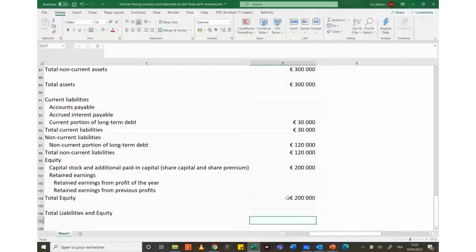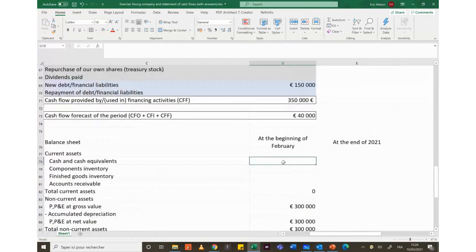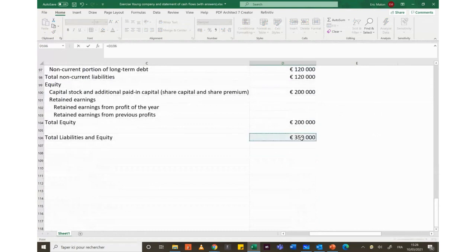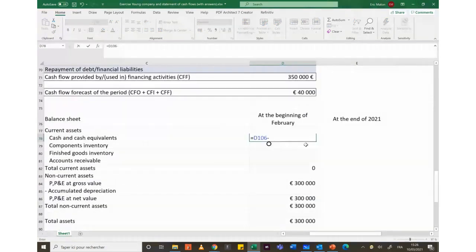In the equity plus liabilities, I have 350,000. And now I can calculate the cash. The cash is equal to the 350,000 minus what is included in the non-current assets, minus the components inventory, minus the finished inventory, minus the accounts receivable. So it's a plug, it's by difference.